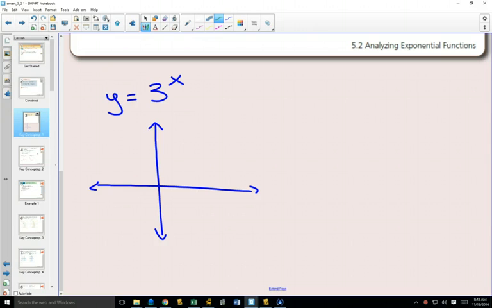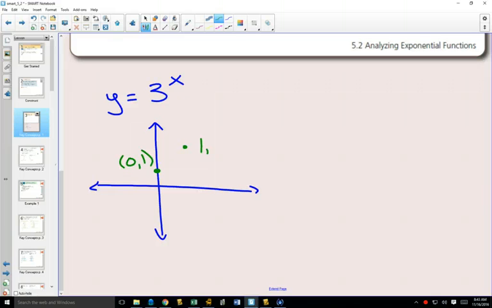First of all, every exponential graph, no matter what the base is, will always have the same y-intercept. Because when you plug in 0 for x, what happens when the exponent is 0? It's always equal to 1. The second point is going to be related to the base.